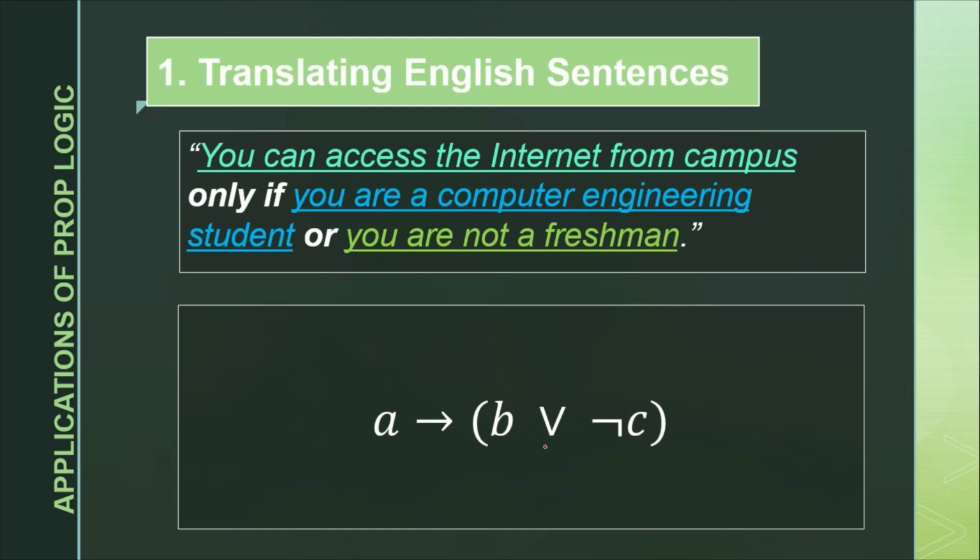I use a grouping symbol because when I analyze the statement, these two are actually the options. You can access if you are computer engineering. You can also access if you are not a freshman. So that is why I placed a grouping symbol.